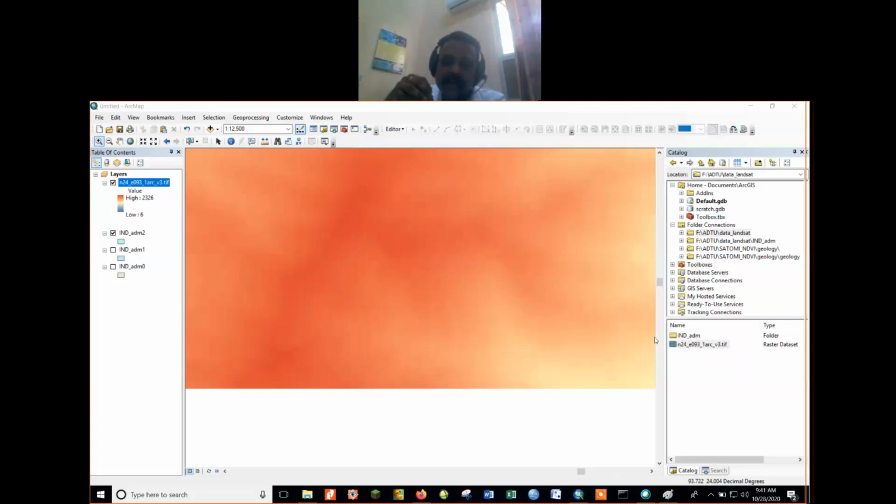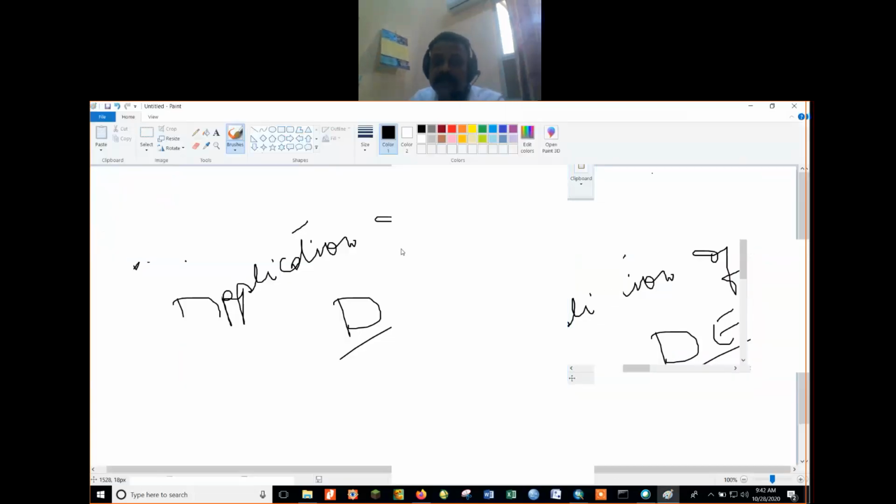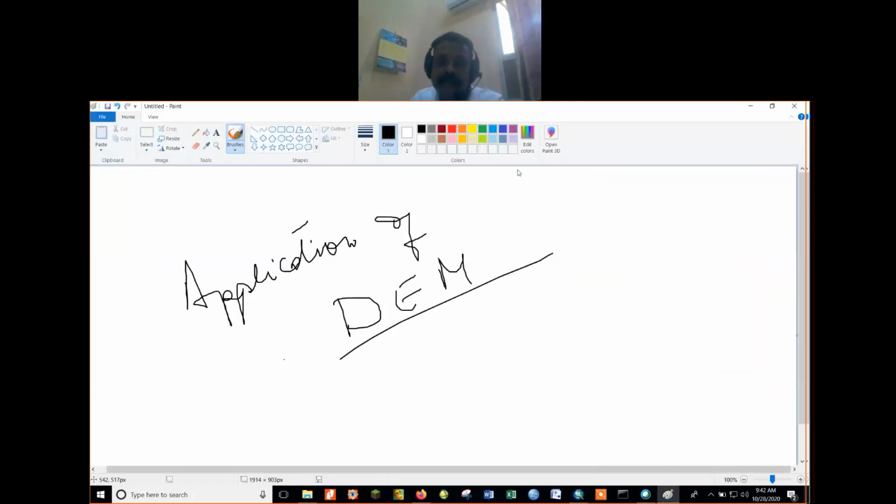What may be one terrain parameter? There is one word she has given here: terrain parameter. What is a terrain parameter? Let us discuss it today.